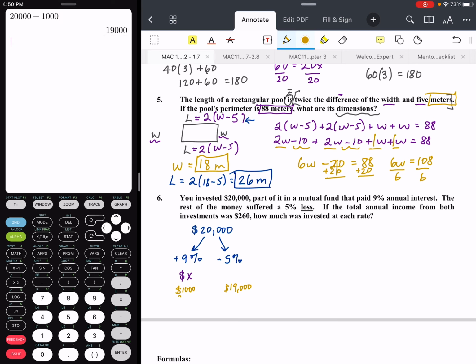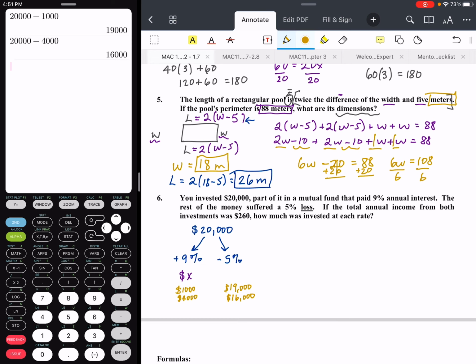What if I put 4,000 in this account? That would leave me with the remaining 16,000 from my 20,000, right? In other words, 20,000 minus 4,000 leaves behind that 16,000.